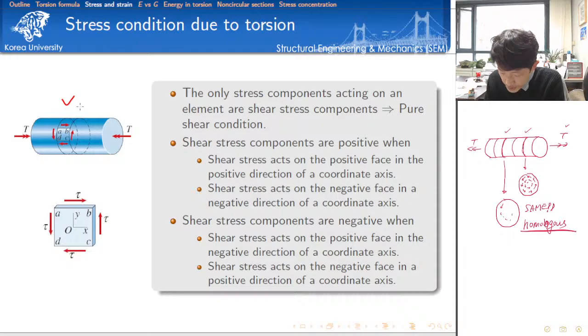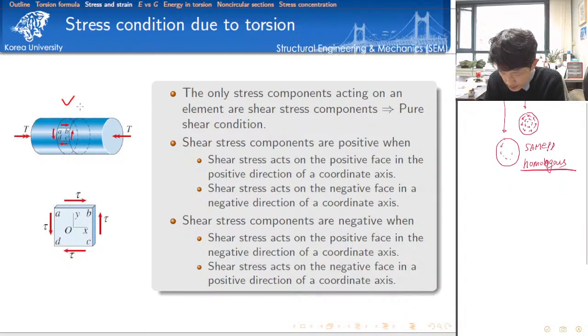So let's check a small segment here. If you consider this small segment, let me exaggerate it. Let's consider a small segment on the surface. Then this is a homologous situation.